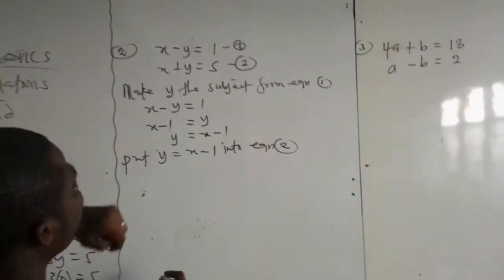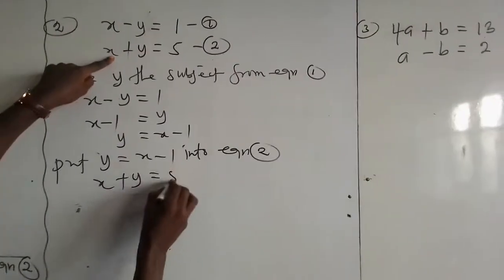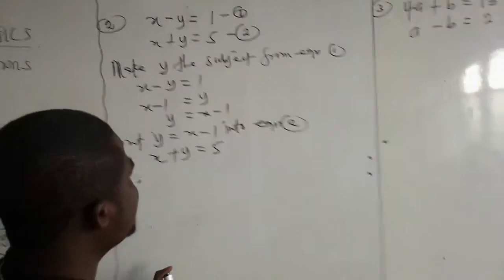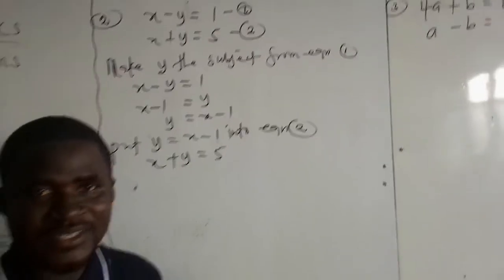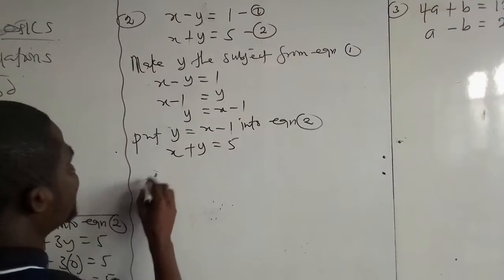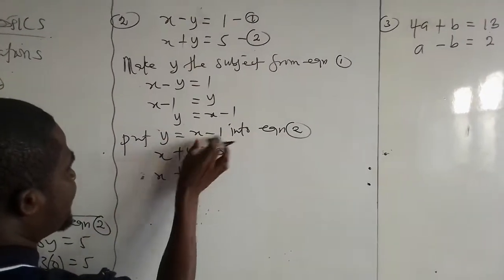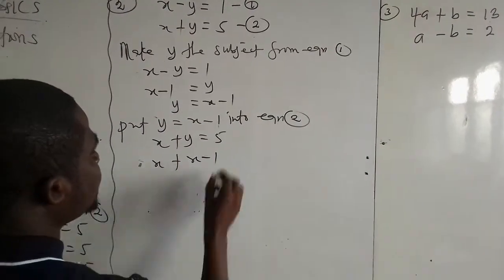We have x plus y equals 5. Wherever you see y, put x minus 1 there. So we have x plus, now y, put the value there, x minus 1 equals 5.